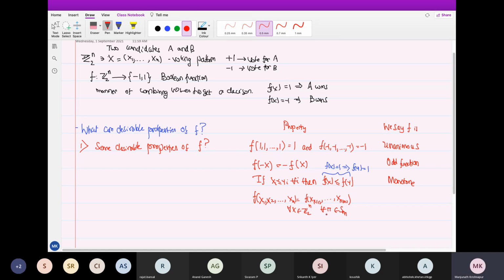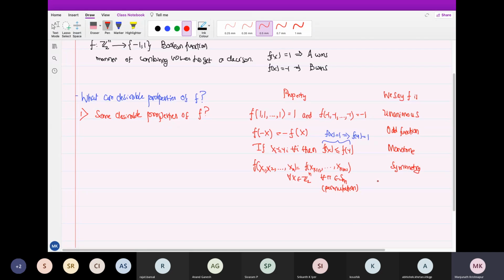So any permutation. If you permute the votes, then the decision doesn't change. That means this is a voting system which doesn't care about the identities of people. It doesn't matter who votes for whom. If the identities of people are permuted, then the voting decision is the same. So these are some desirable properties of voting.